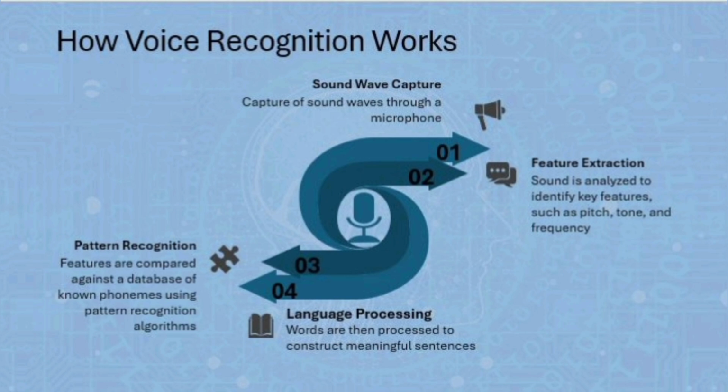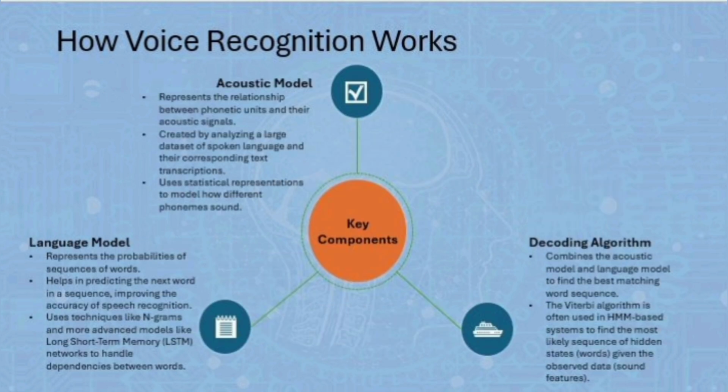Moving on, let's understand the process deeply and cover some key components involved in voice recognition systems. The first one is the acoustic model. It represents the relationship between phonetic units and their acoustic signals. It is created by analyzing a large dataset of spoken language and their corresponding text transcriptions. It uses statistical representations to model how different phonemes sound.